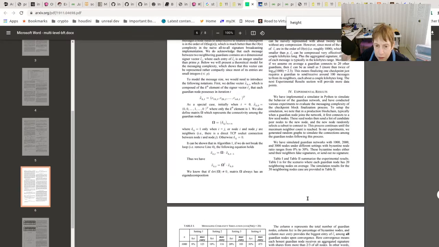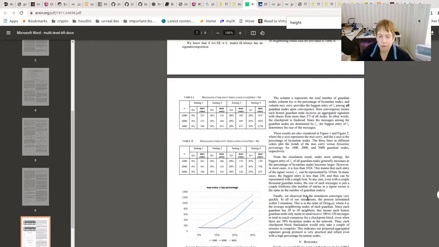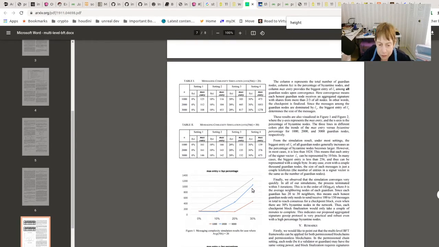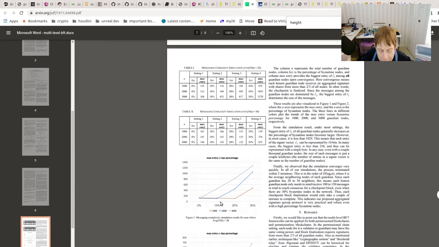Again, if you're interested in the details, this paper goes into great depth, and as you see, the more nodes, the greater the number of max entries, messages, and the greater the percentage of bad nodes, the greater the number of messages.